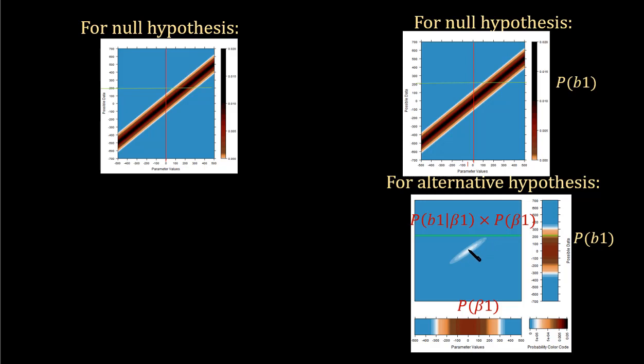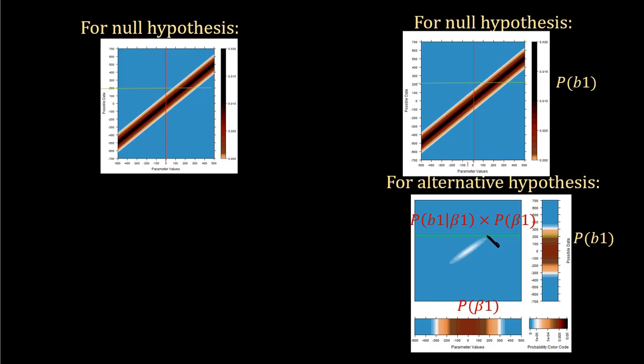So that is the combination. Probability of B1 given beta 1 times probability of beta 1 is this. You can see that we had values in brown here, and we only got to the values in white. So very, very small values indeed.